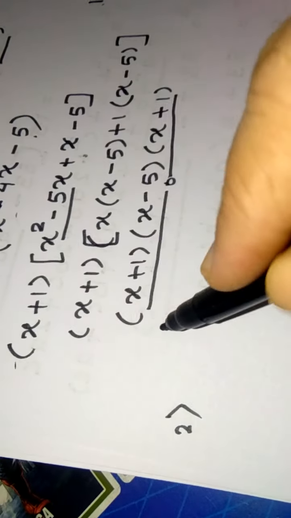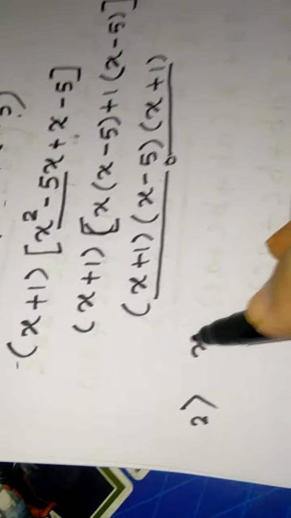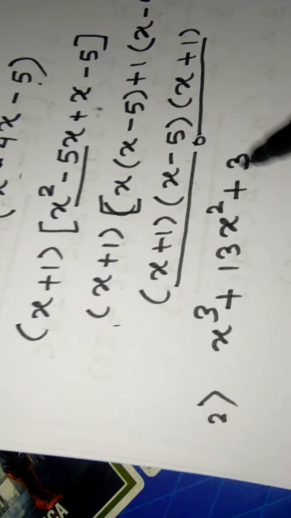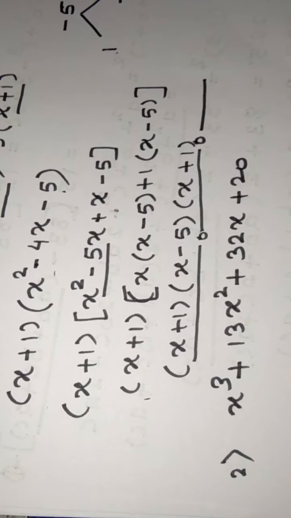Now the second term we will factorize: x cube plus 13x square plus 32x plus 20. We have to factorize this term.